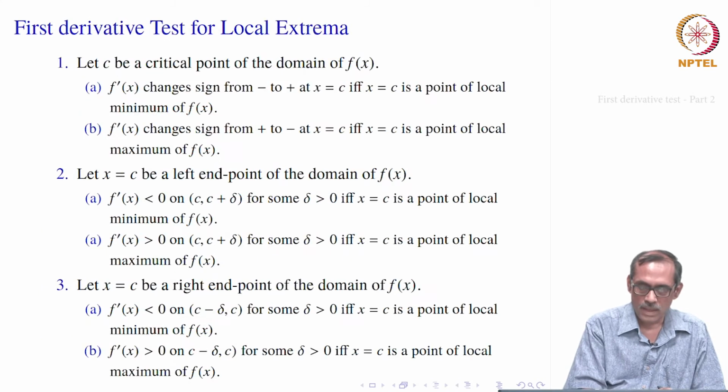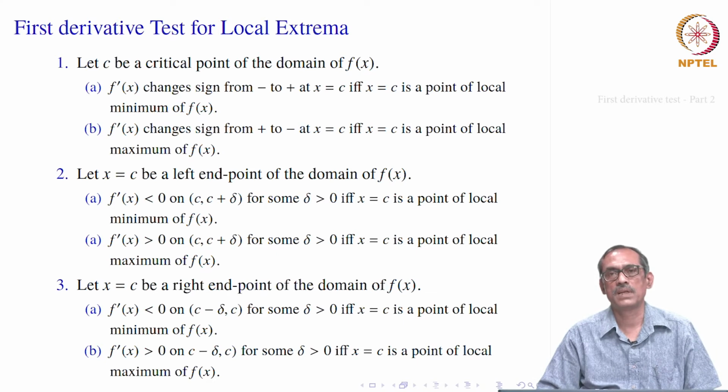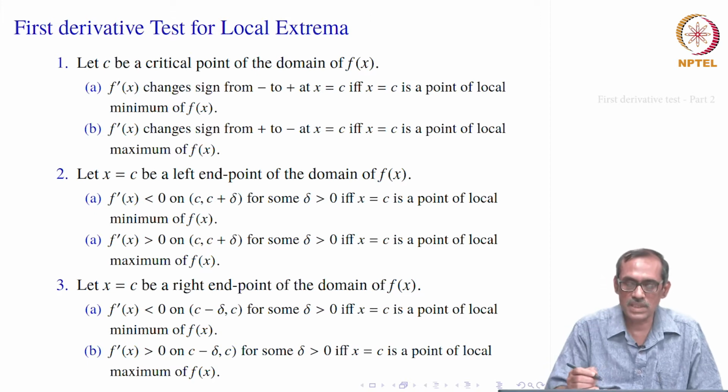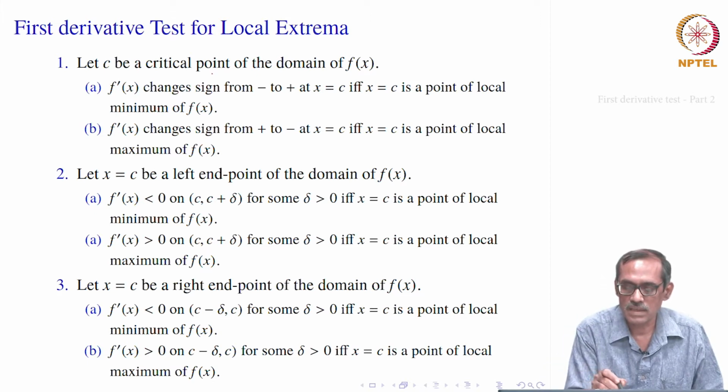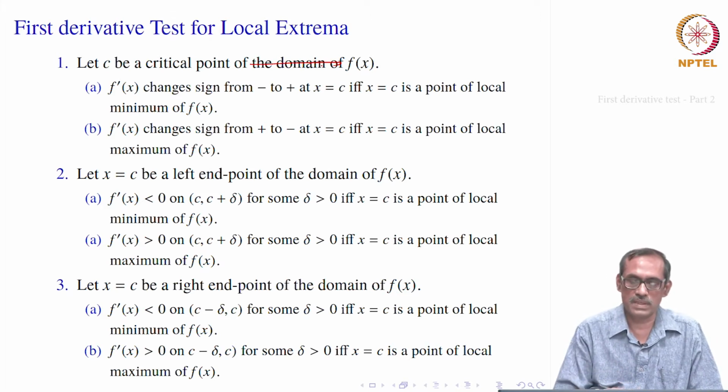Fine. Now we can formulate how to use this information to test for local maxima and minima, but only at the critical points. So, let c be a critical point of f(x). Of course, c should be inside the domain, but we can think of this as not only an interior point, but the end points also.